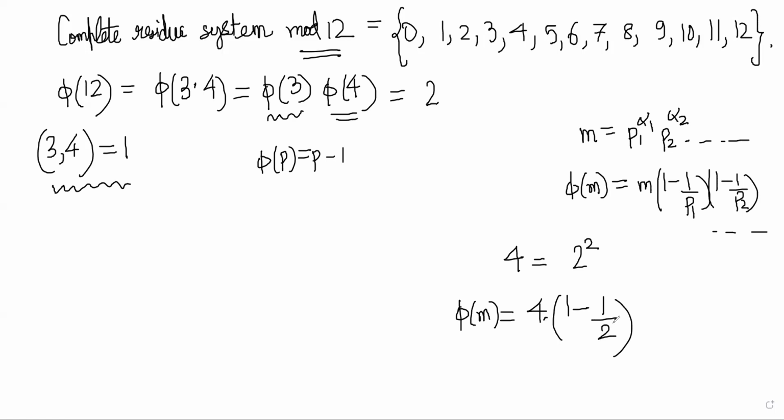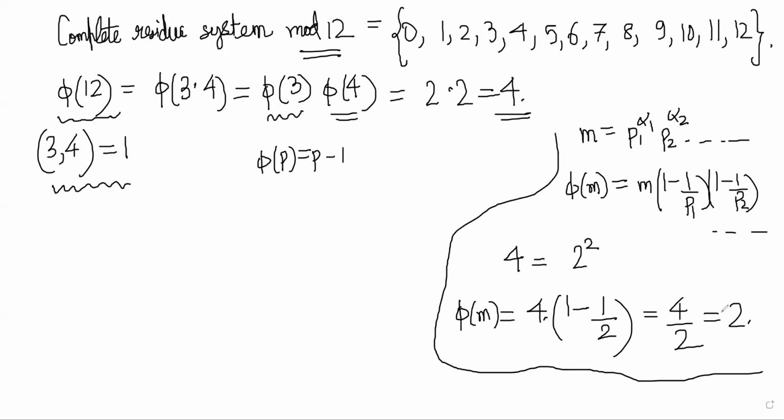And then there is no other prime here, right? So it is 4 by 2, which is 2. So by the formula we are getting 2 into 2 is equal to 4, right? Obviously, we could have figured out phi of 12 just by listing out the terms, but I wanted to show you how to use these calculations.